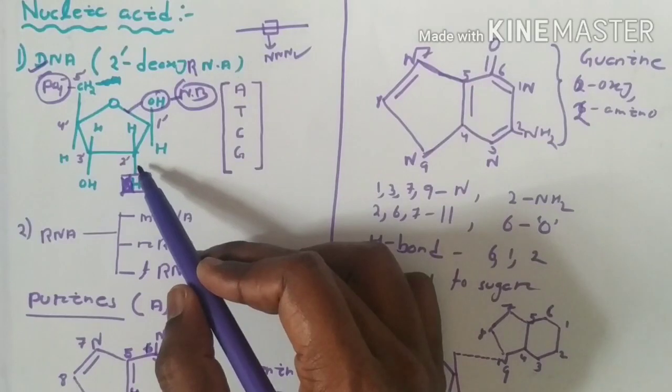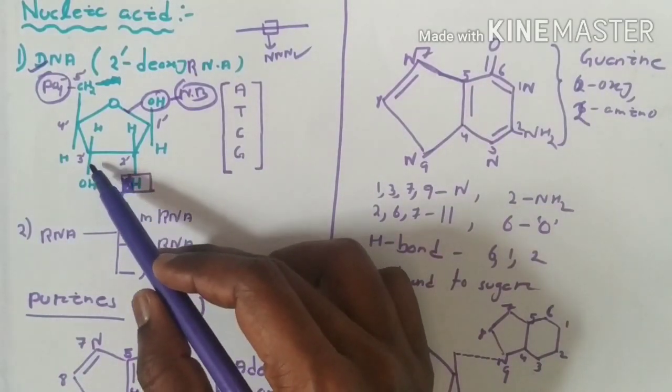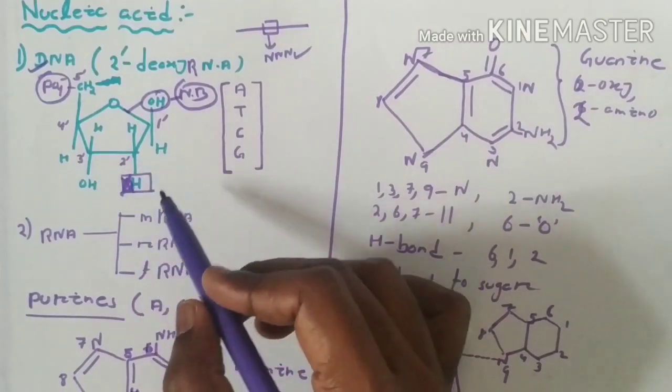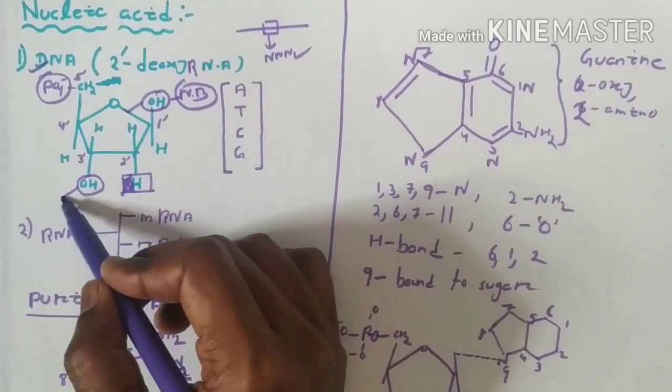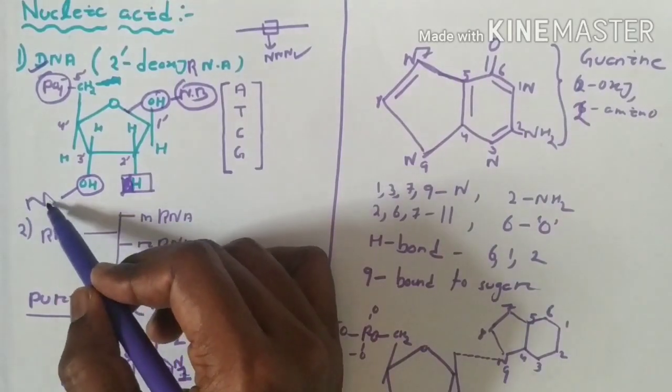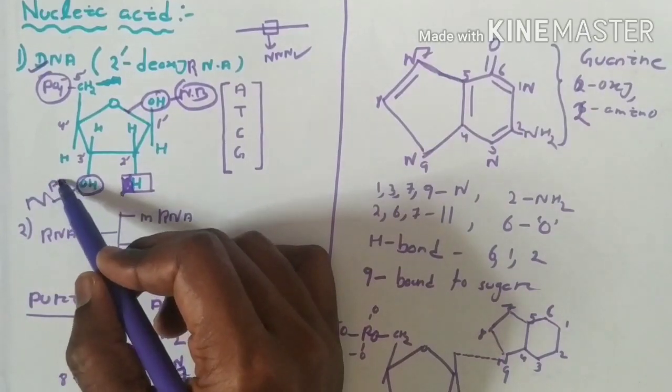At the 2', the oxygen is removed. At the 3' end, the phosphodiester bond is formed that links to another nucleotide, and this bond is the phosphodiester bond.